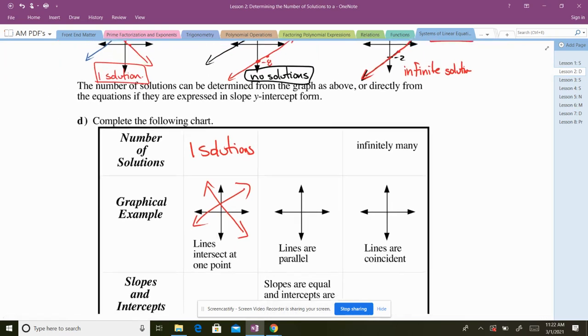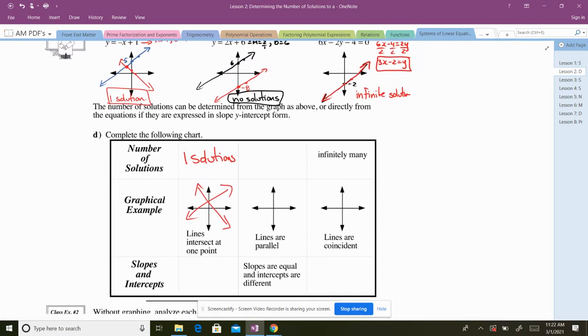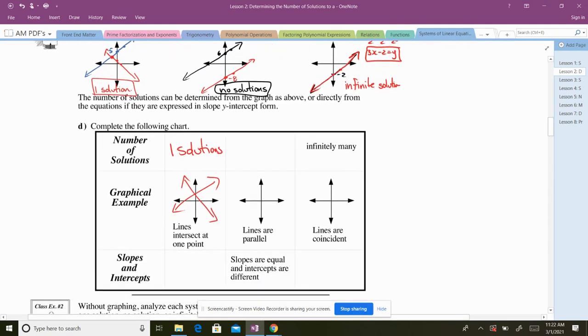And we would say that the slopes and intercepts are different. The slopes have to be different, okay? The intercept could be the same, but the slopes have to be different. Okay, so don't worry about that. Slopes are different. If the slopes are different, they will intersect at some point.